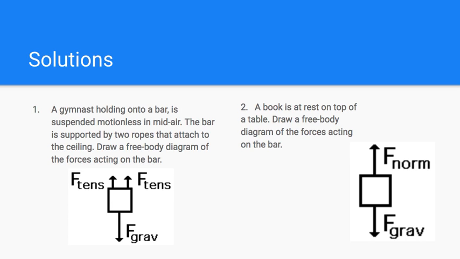This will be an equivalent length of line as gravitational force because the book is at rest, so the forces must be balanced. There will be no friction because the book is not moving, and there will be no tension because there's no rope or wire or string or anything like that.